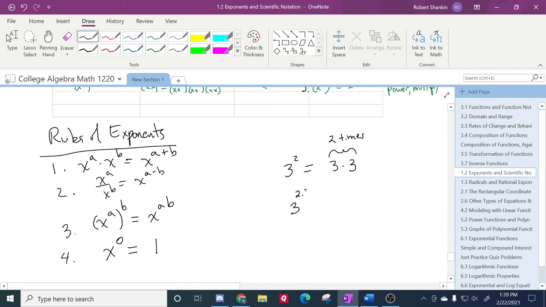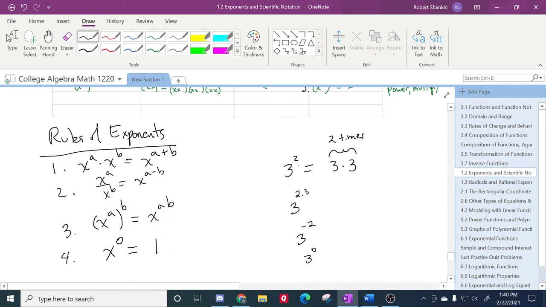3 to the 2.3 power does not mean 3 times itself 2.3 times. 3 to the negative 2 power does not mean 3 times itself negative 2 times. And 3 to the 0 does not mean 3 times itself 0 times. These have different definitions. I wasn't familiar with that.